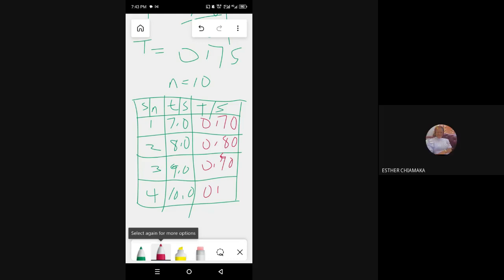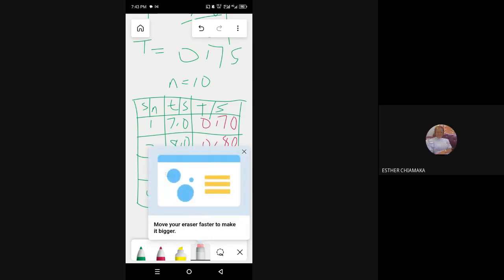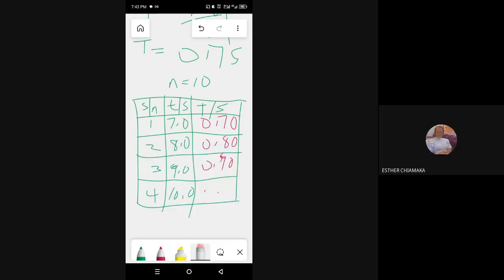So it's 1. So how do you record it? 1.0 or 1.00? 1.00 is how many significant figures? 3.